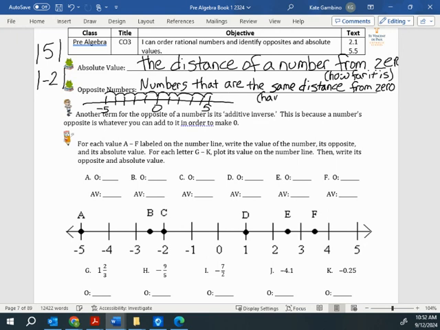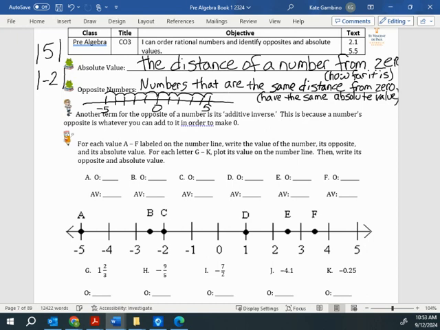They have the same absolute value. So opposites are those numbers where one's going to be positive, one's going to be negative, and they're the same hops away from 0. So they're the same number, except one has a positive sign and one has a negative sign.